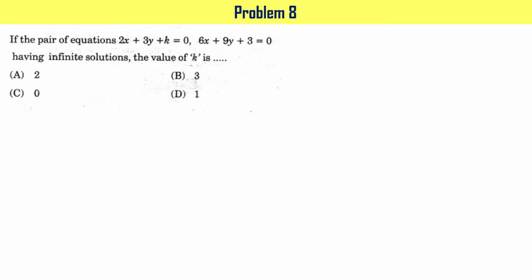Let's see the next problem, that is: if the pair of equations 2x plus 3y plus k equal to 0 and 6x plus 9y plus 3 equal to 0 has infinitely many solutions, then the value of k is what, right? If you compare the given equations with the generic form for a pair of linear equations, then you can say that a1 equal to 2 and b1 equal to 3 and c1 equal to k, right?